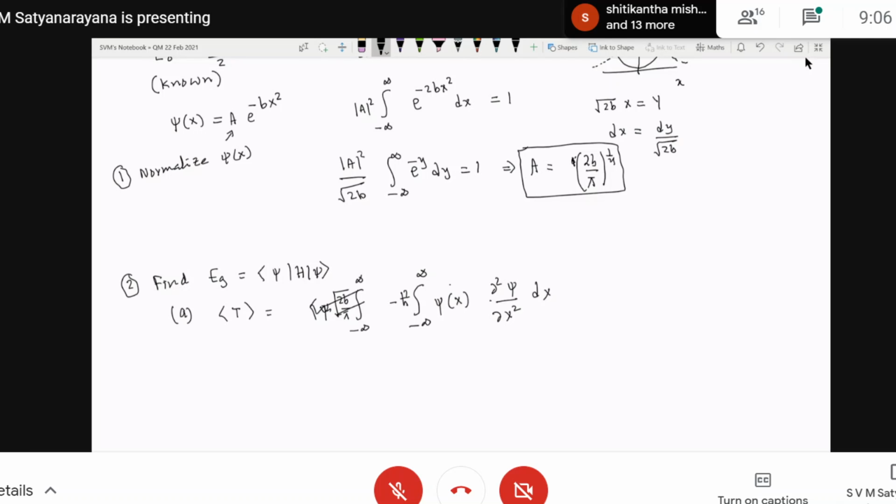So this 2 will cancel, this root pi will cancel, this root 2b, this root 2b will cancel, you will have one 2b here. So in effect, what I have is 2b h bar. Okay, so this is our average kinetic energy.